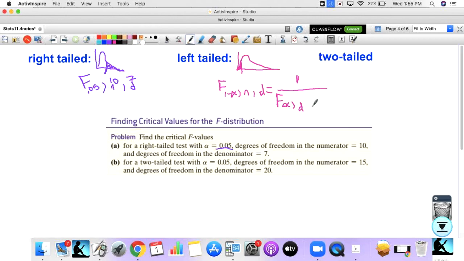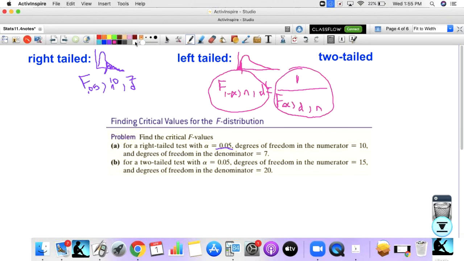So we'll treat our denominator like our numerator and our numerator like our denominator. You'll see this in an example that we'll do, because we're going to do a couple of hypothesis tests anyways. If you are able to do this calculation for the left-tailed, great, awesome. If you cannot because this information isn't available on the table, then you have to find this and do 1 divided by that number.